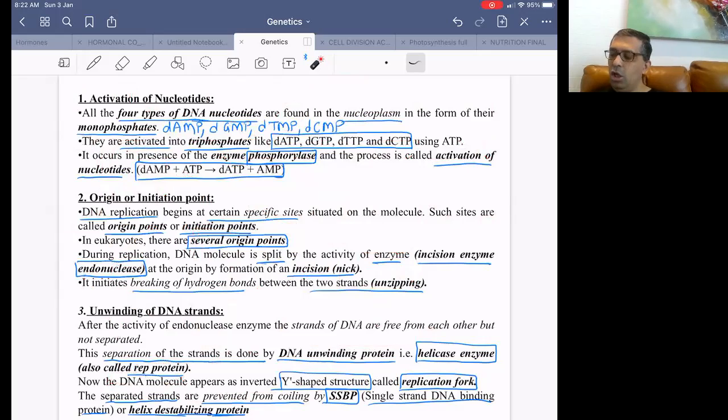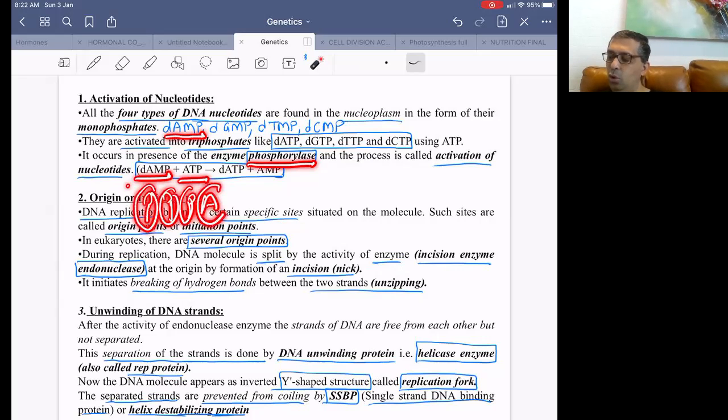So once again, in the nucleus there was deoxyadenosine monophosphate, and phosphorylase acted on ATP, adenosine triphosphate.